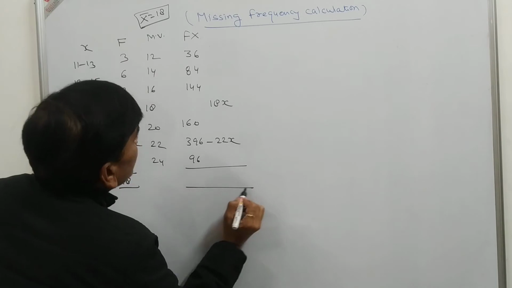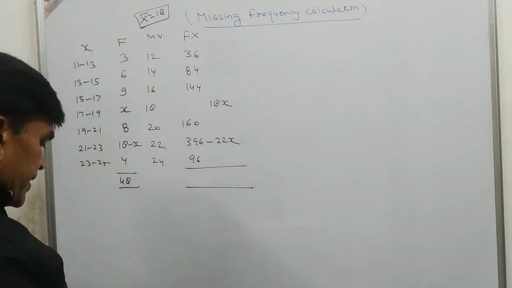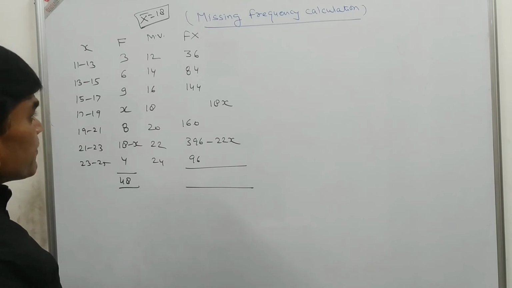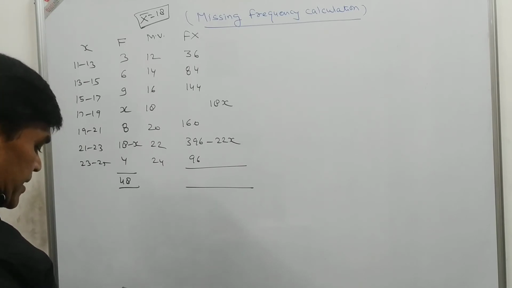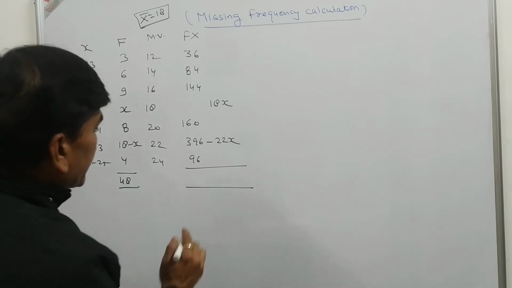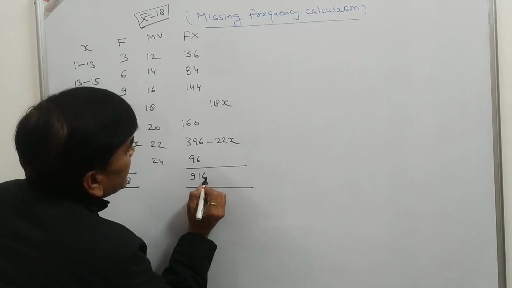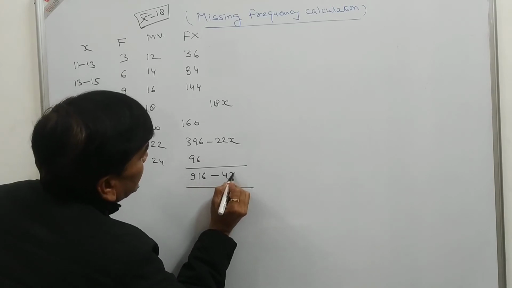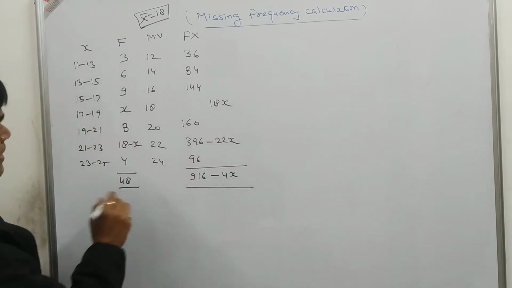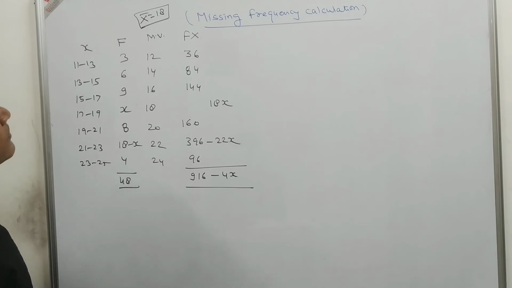So first we will add this: 36 plus 84 plus 144 plus 160 plus 396 plus 96. So that will be 916 minus 4x, and this sigma f is 48, already given.